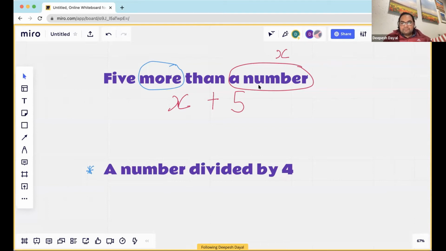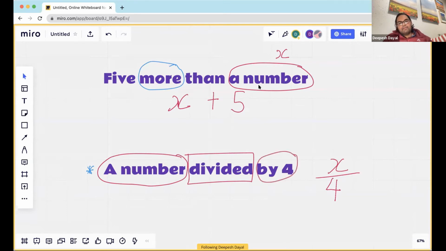It's x, eh? Yes. And it says a number divided by 4. So it's the number and you divide that by 4. So it's x over 4. First is the number, then it's divided by, and then by how much? By 4. So it's x over 4, hey? Okay. It's x over 4.